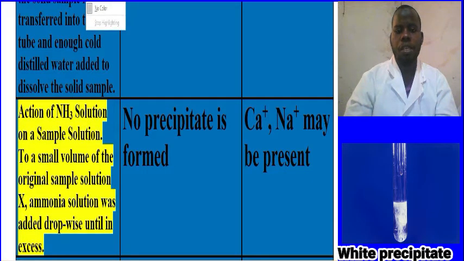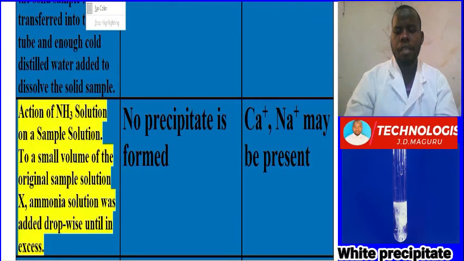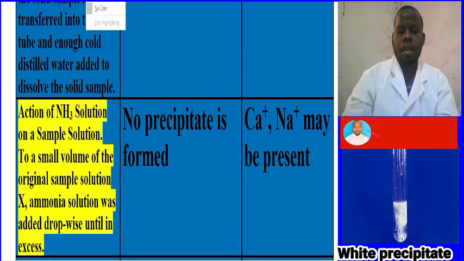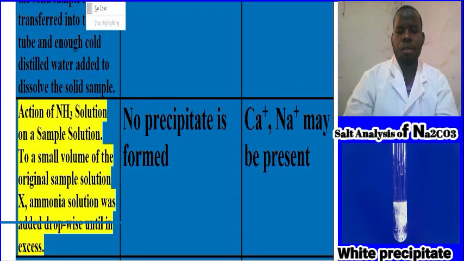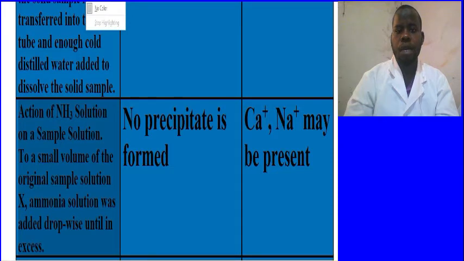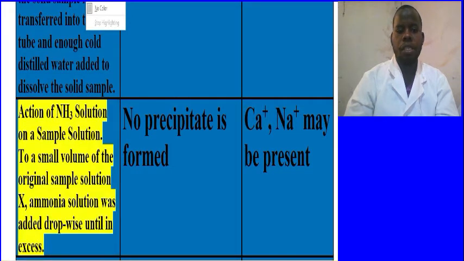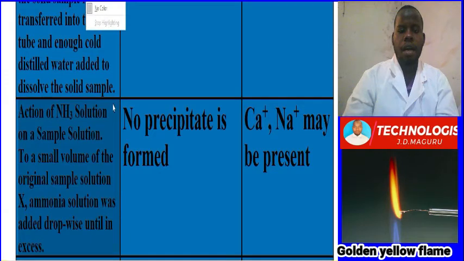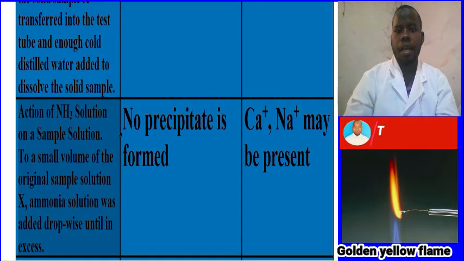The observation: no precipitate is formed, and the inference is that calcium or sodium may be present, and the flame test can be used in the confirmatory test of sodium. So the flame test is used for confirmation of sodium, as we performed before.